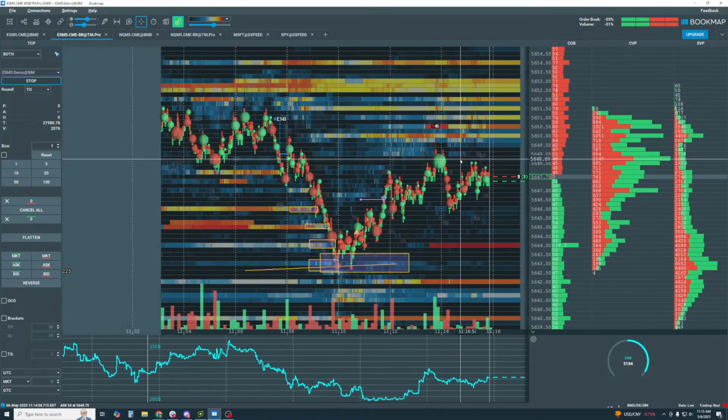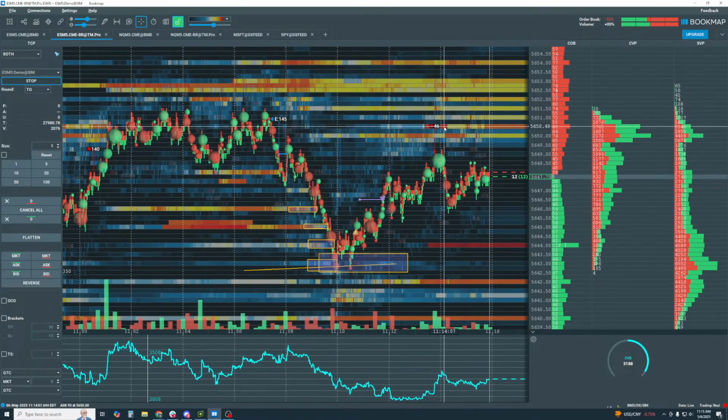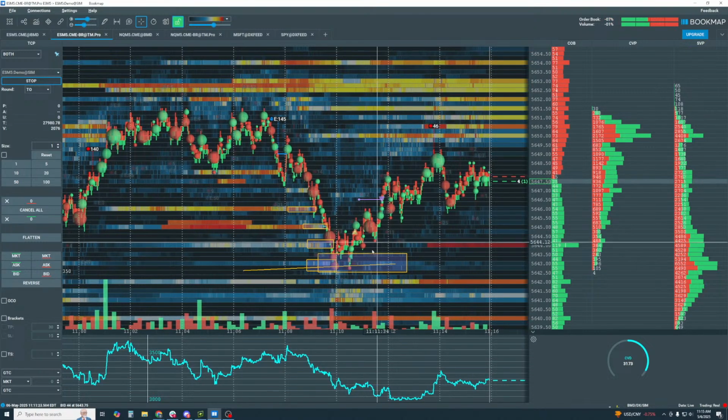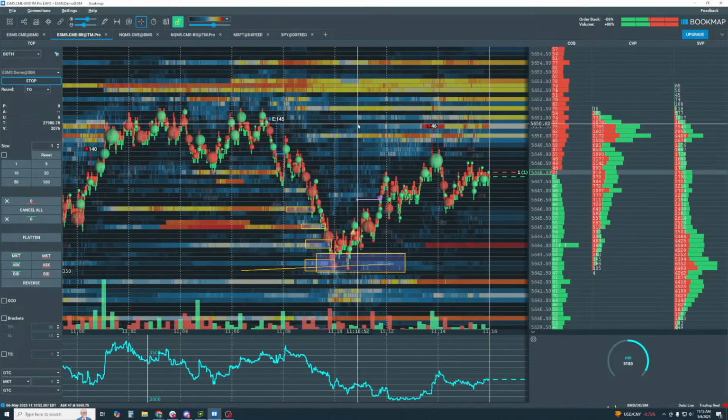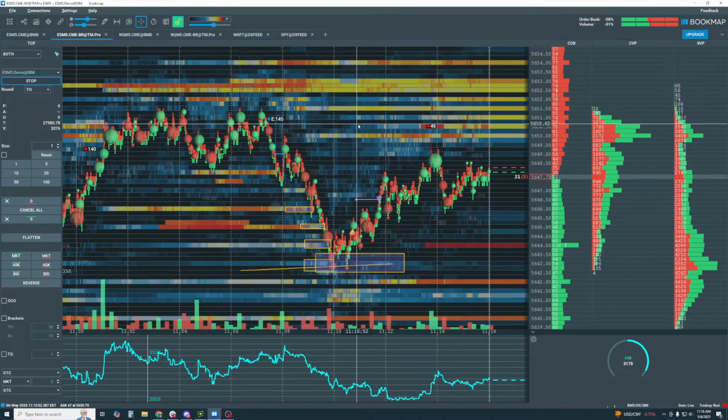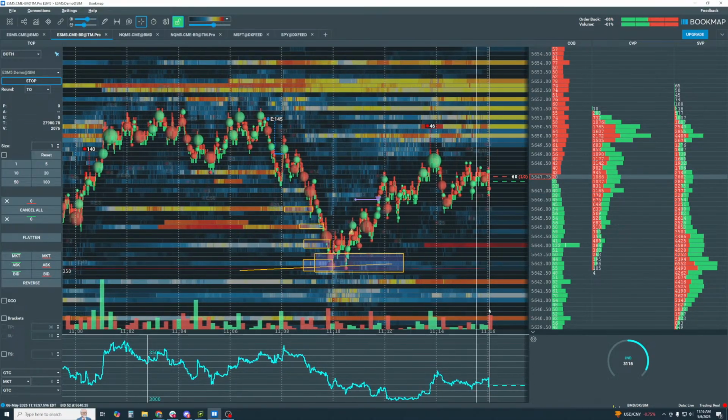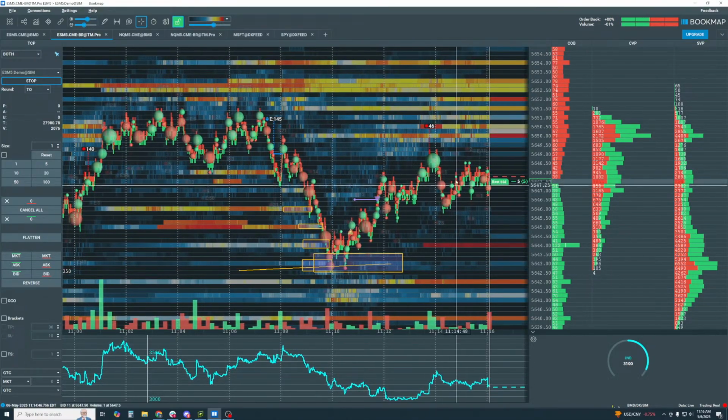So again, I want to reiterate, higher time frame level. Also, time of day matters. We talked about that, and this is before we even get to Bookmap.